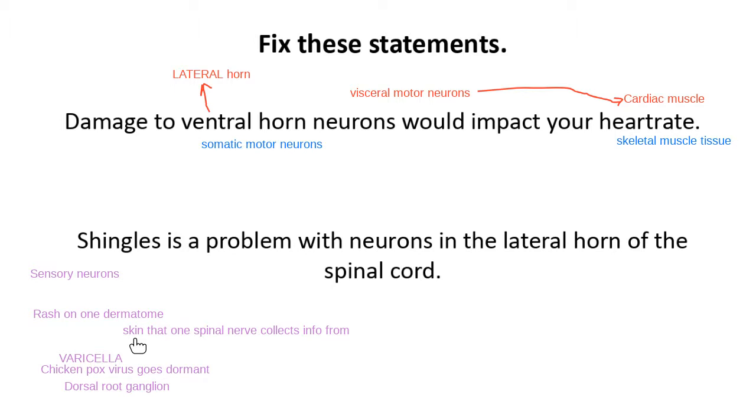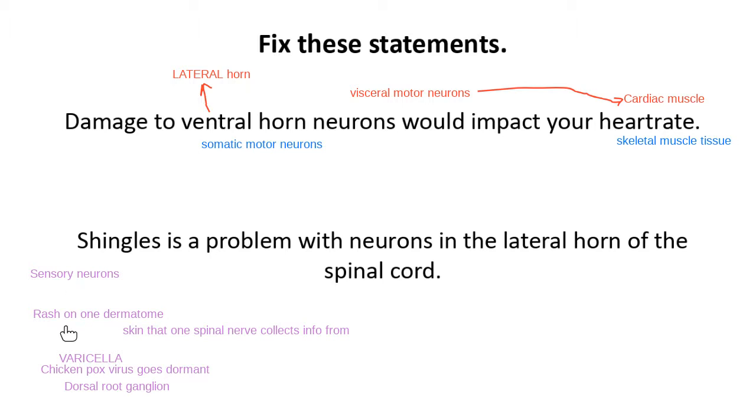So whatever spinal nerve's dorsal root ganglion I was chilling out in, if I'm varicella and I reactivate, I'm going to travel down my sensory neuron that had its cell body in the dorsal root ganglion. I travel down that sensory neuron, go out to its dendrites and explode.